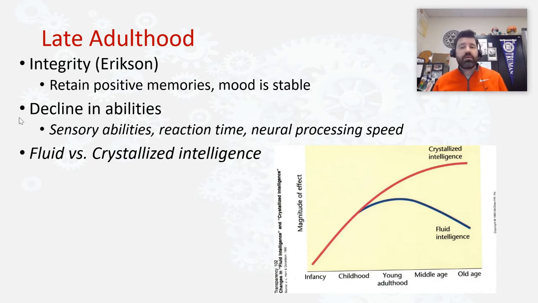Now, lots of psychologists believe that the vast majority of people who reach this last stage of life do in fact experience integrity. In fact, lots of studies have shown that people are among the happiest they ever are in their life when they are in late adulthood. People tend to retain more positive memories. They have kind of rose colored glasses where they look back fondly on the past. Mood is more stable.